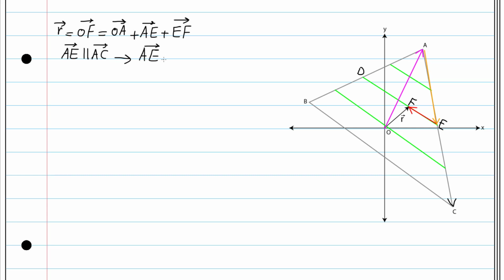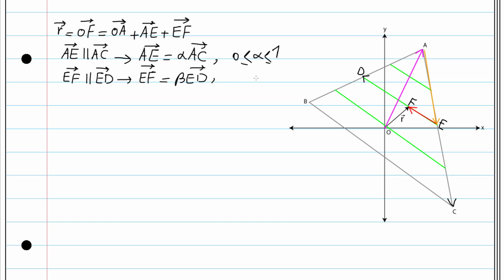AE is equal to alpha AC for some alpha between 0 and 1. In the same way, EF and ED are parallel to each other. EF is parallel to ED, and therefore we can write EF equals beta ED for some beta between 0 and 1.